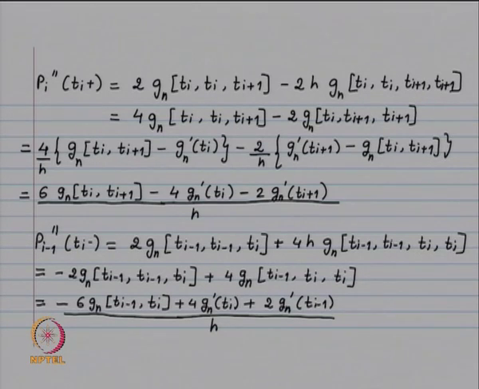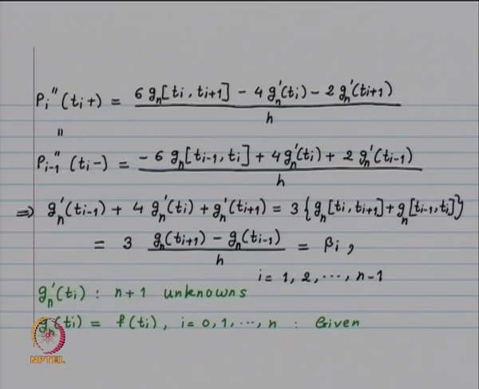On the left hand side, we will leave the unknowns which involve the derivatives of g_n, and on the right hand side, we will have the function values of g_n at t_i which are known. Thus, equating, we get the system g_n dash t_{i-1} plus 4 times g_n dash t_i plus g_n dash t_{i+1} is equal to, on the right hand side, 3 times g_n of t_{i+1} minus g_n of t_{i-1} divided by h, which we denote by beta_i.